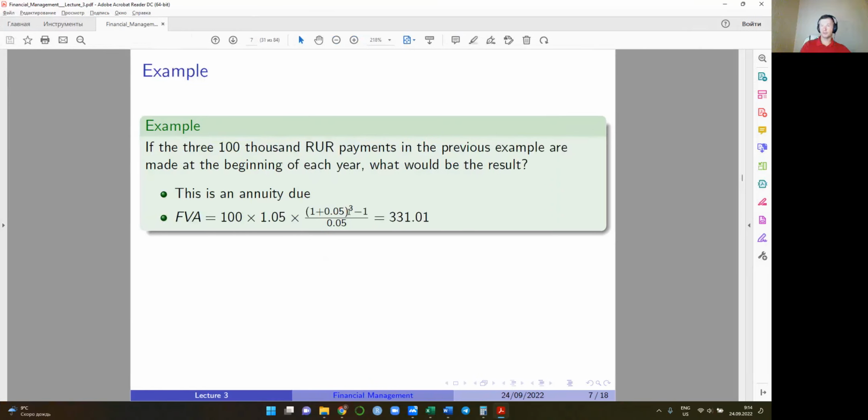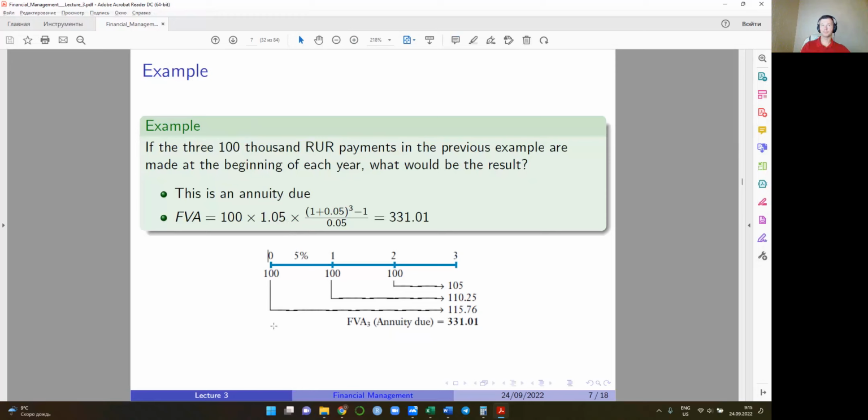The future value computation differs only in one element. This element is here, because now every single payment gives you interest for an additional period of time. So you made all these payments one period ahead.